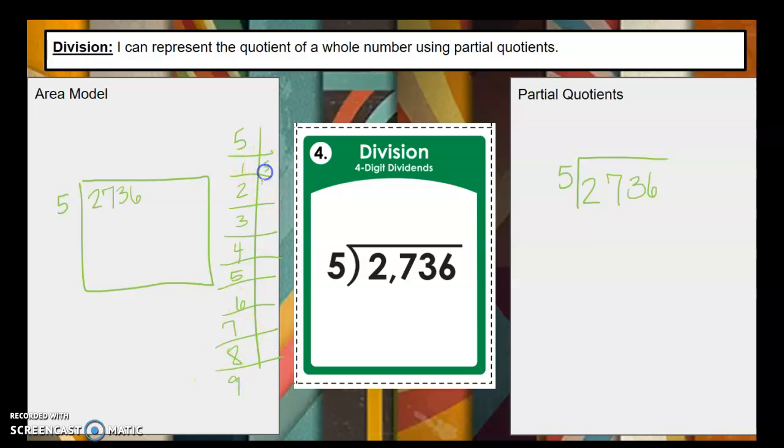And then that's 5, 10, 15, 20, 25, 30, 35, 40, 45. Okay. So I'm looking for something that equals 2,736.